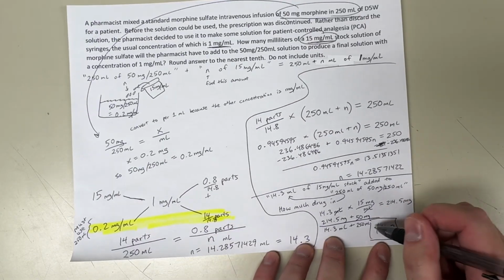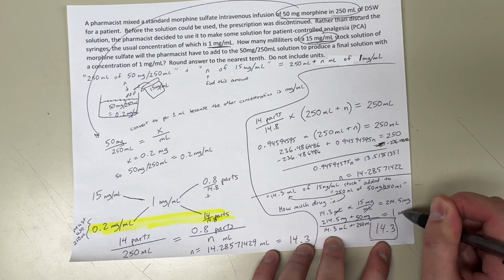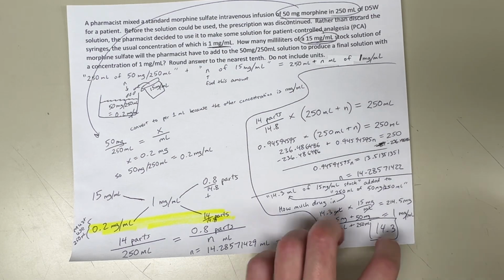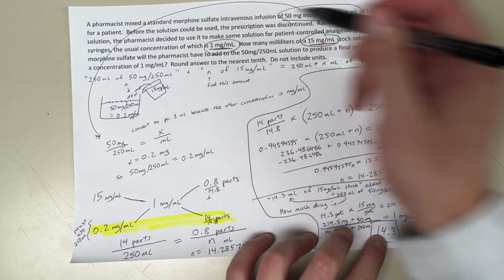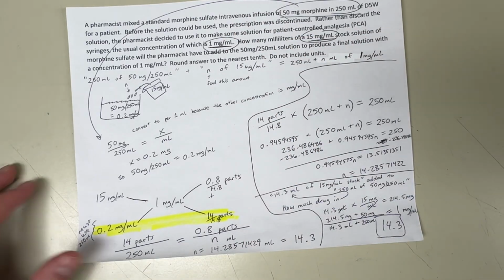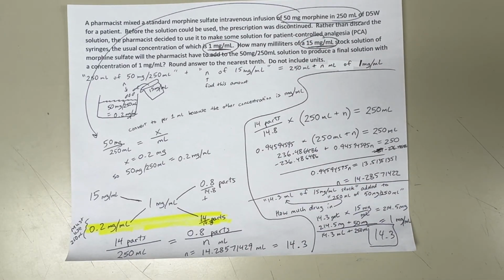When you calculate that, it should be about 1 milligram per milliliter. So I basically worked all the way backwards, and that's how I know for sure that I'm 100% correct and can move on to the next question.